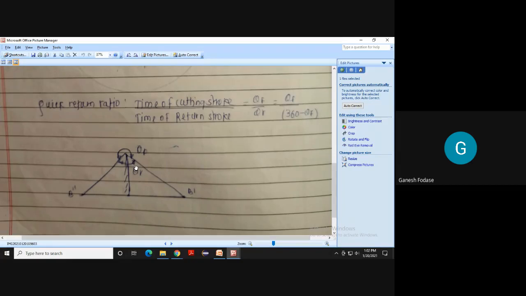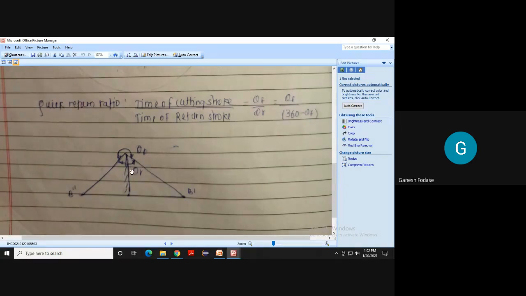Half of theta r is this angle, in the right angle triangle. And if I determine this angle, then what I must know is that S must be known and the length of the crank must be known. If I apply it, it is nothing but cos of this angle, half of this theta r, is nothing but S upon L. It's not sine. Opposite upon hypotenuse. This is a right angle triangle. Shortest upon hypotenuse is cos.